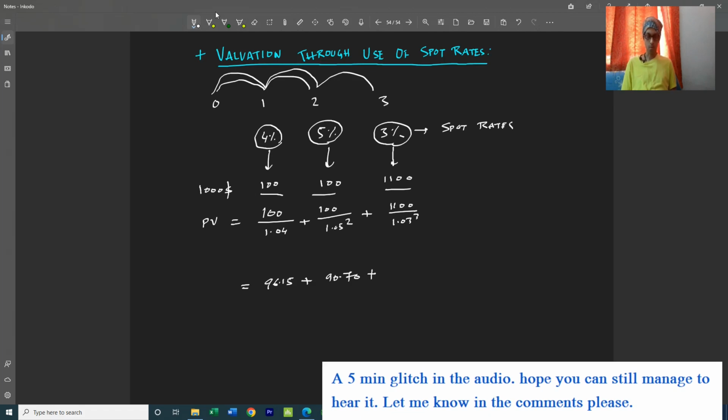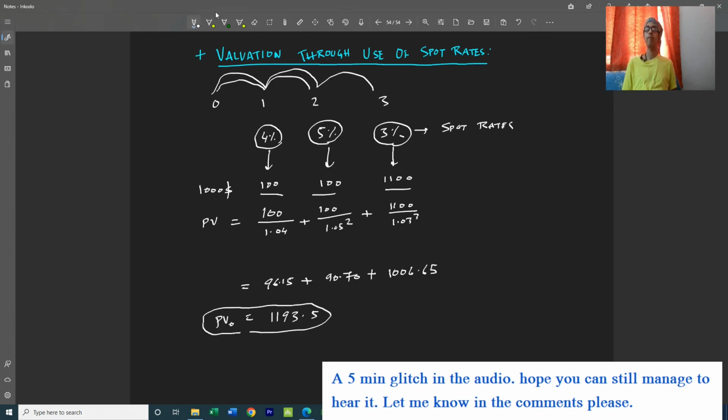This is 1006.65. Okay. Now the addition comes to be 1193.5. This is the present value at time is equal to 0.